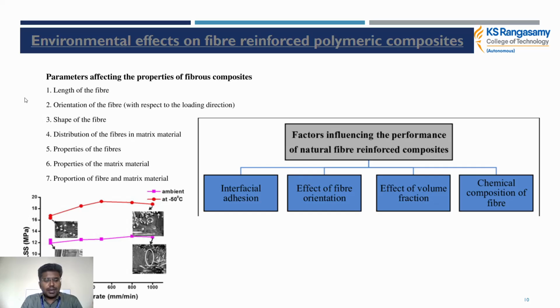These are the major factors considered. The factors influencing the performance of natural fiber reinforced composites: first is interfacial adhesion, second is the effect of fiber orientation, effect of volume fraction, and the chemical composition of the fiber. These are the major factors influencing natural fiber reinforced composites.